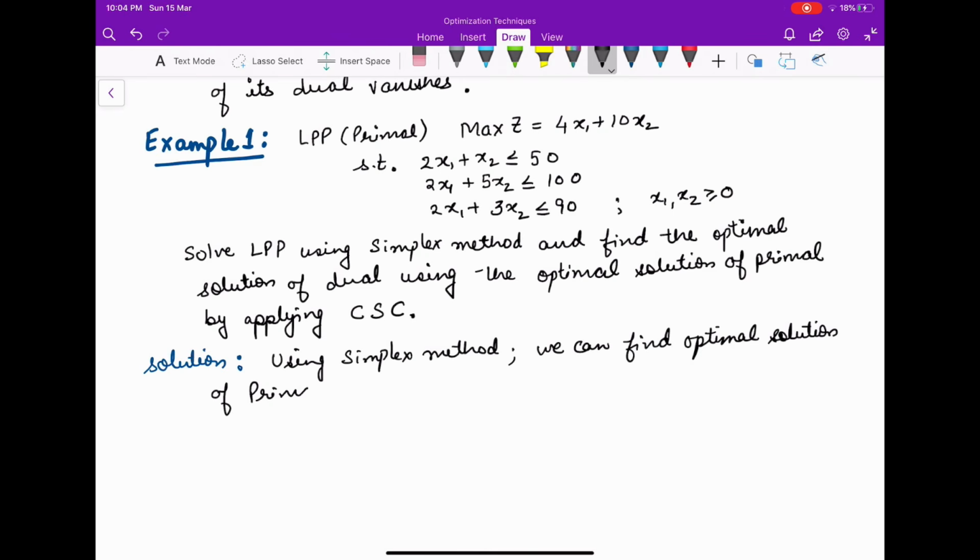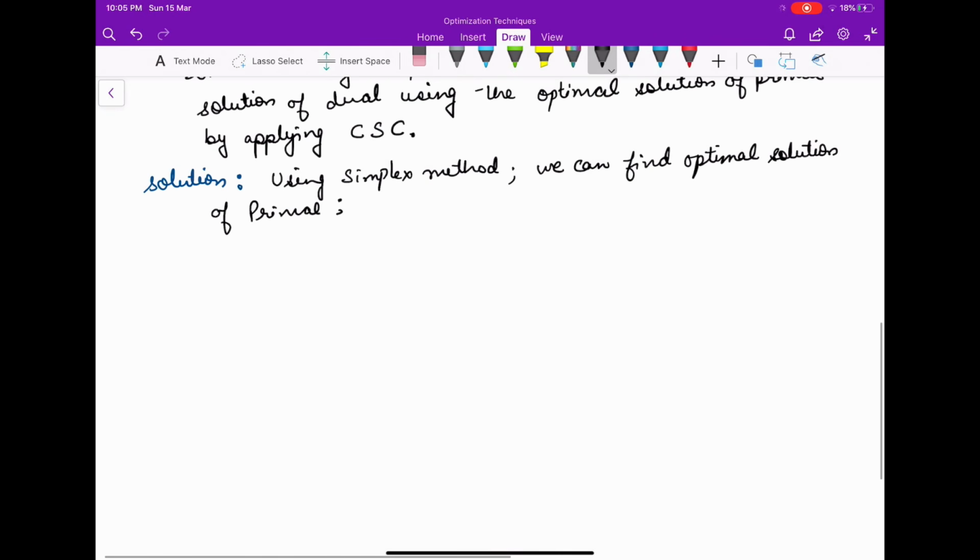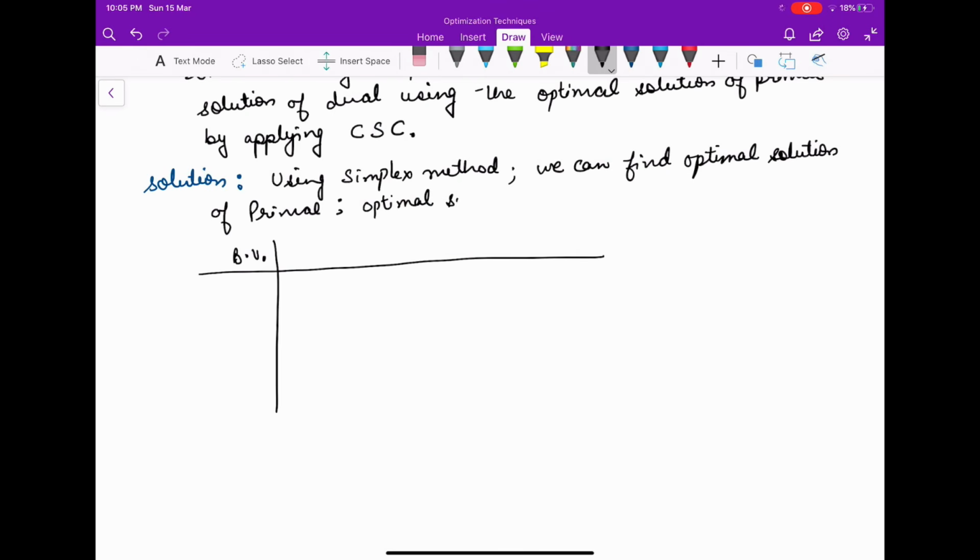I'm not solving the whole problem, but here I'm only providing the last optimal simplex table of this given primal problem. So the optimal simplex table of the primal is given below.